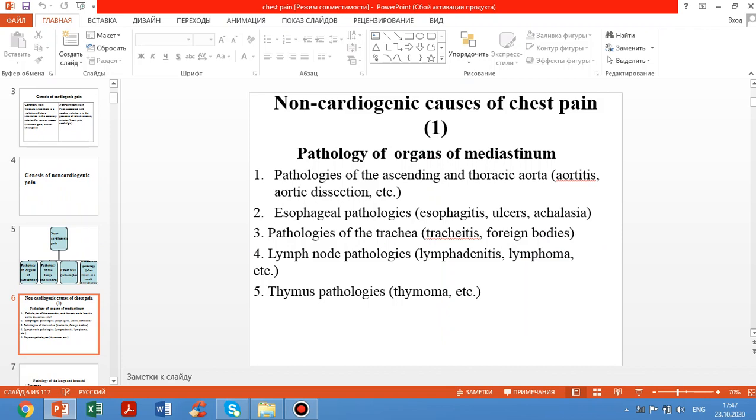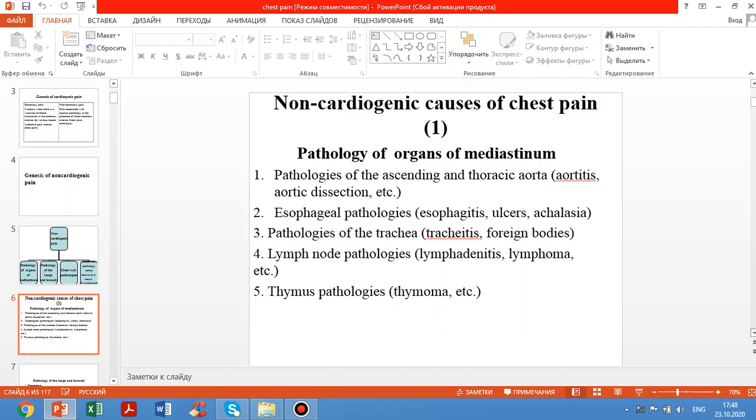Pathology of organs of the mediastinum, such as pathologies of the ascending and thoracic aorta, aortitis, aortic dissection, etc. Esophageal pathologies: esophagitis, ulcers, achalasia. Pathologies of the trachea: tracheitis, pharynx body.